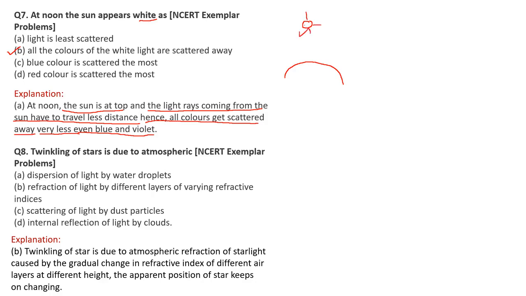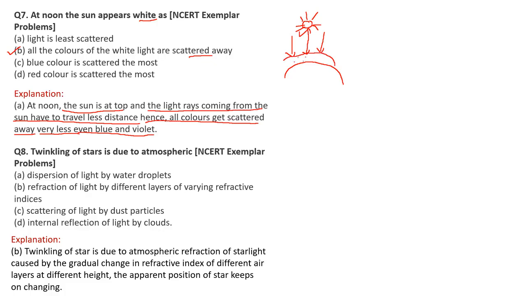There can be two or three explanations for this question, but this is the appropriate reason. When the light rays are falling right from the top, the atmospheric distance that the light ray has to travel is the least.